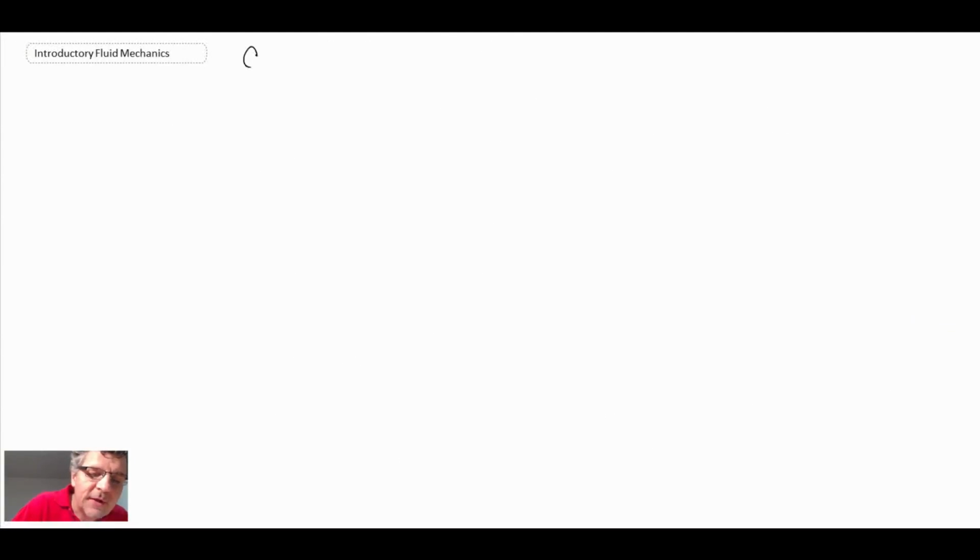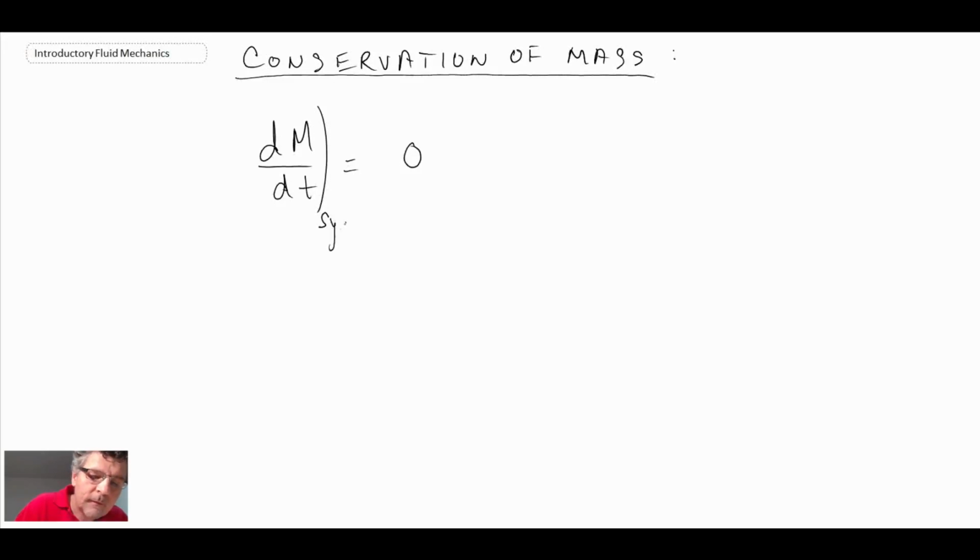Beginning with conservation of mass, what conservation of mass states is that the mass of the system does not change with respect to time. Now, how do we define the mass of the system?